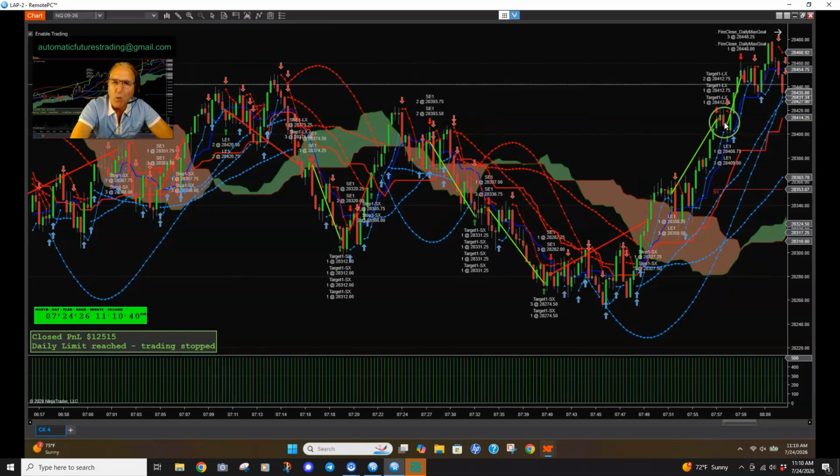Why was this target shorter than these targets? Because we hit our max P&L goal for the day. Once we hit that, even in the middle of a trade, boom, fire close, daily max goal hit. You can see that right there. So this is amazing automatic trading, my friends. The results speak for themselves.